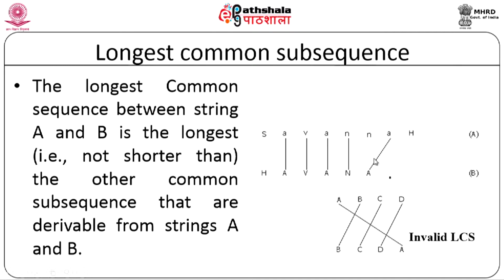For that, we have to align the strings, then establish a one-to-one correspondence between the characters. You can see that I am placing Savannah, then putting Havana, then establishing a one-to-one relation between all the matching characters.